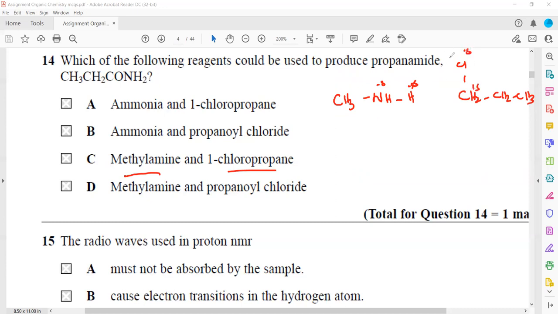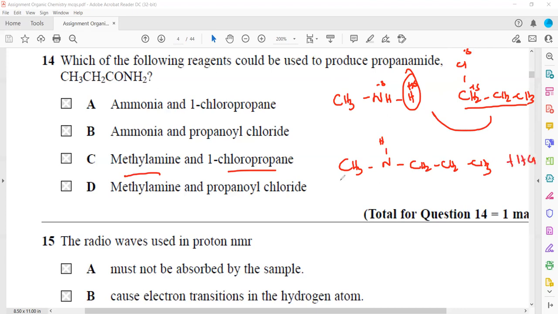So what will happen? This hydrogen will be replaced by this whole carbon chain. So it will produce CH3, NH, and then CH2, CH2, CH3 plus HCl. So what is the name of this product?